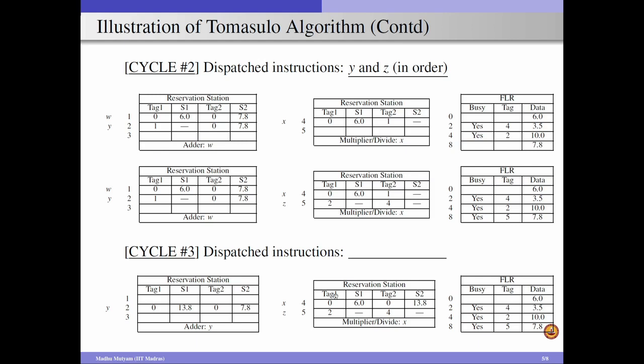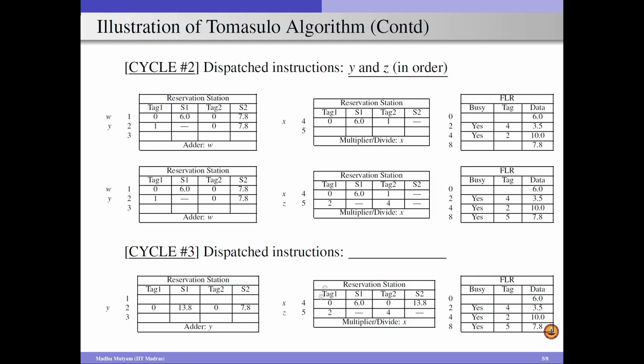Now we can clearly see that the second add instruction that is dispatched to the reservation station associated with the add functional unit has two operands ready, 13.8 and 7.8. So this instruction is ready to be executed, and we know that the adder is currently idle, so there is no instruction executing on this adder. As a result, we can dispatch this instruction directly onto the adder.